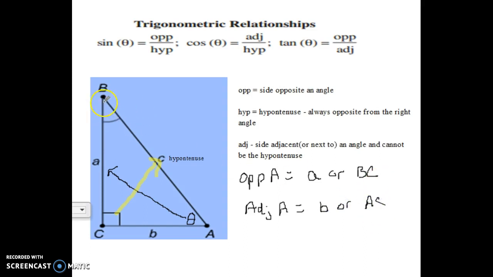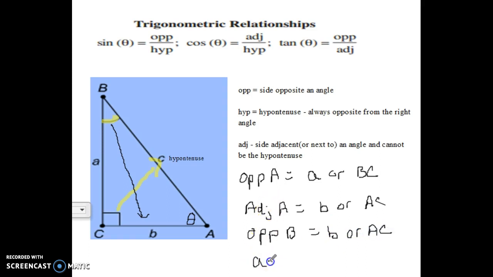Now if we look at angle B, so let's change this up a little bit. Angle B is up here. The opposite side for angle B is going to be B, or AC.